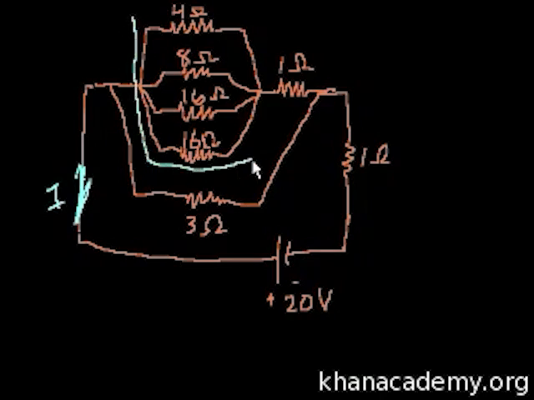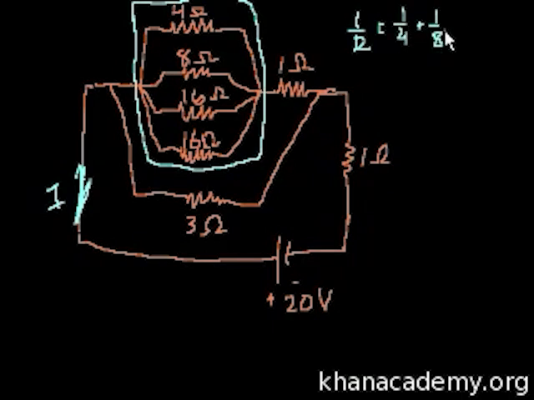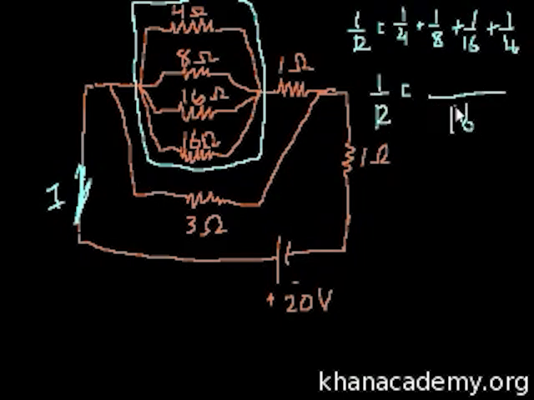So first of all, let's just start at, I could argue, the simplest part. Let's see if we could figure out the equivalent resistance of these 4 resistors in parallel. Well, we know that 1 over R is equal to 1 over 4 plus 1 over 8 plus 1 over 16 plus 1 over 16. Now it's just adding fractions over 16. 1 over 4 is 4 over 16, plus 2 over 16, plus 1, plus 1.